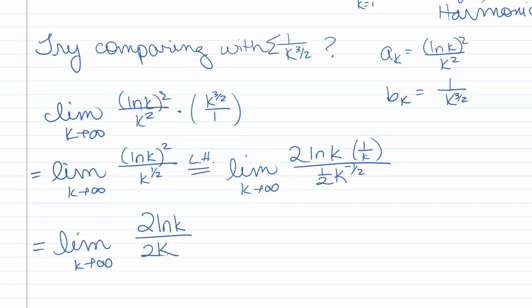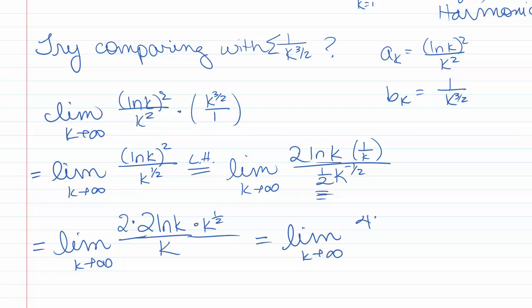The 1 half on the bottom becomes a 2 on the top. And this k to the negative half should become a k to the half on top. Now we've got everything with positive exponents. So simplifying that, we get limit as k goes to infinity of 4 natural log of k over k to the half.